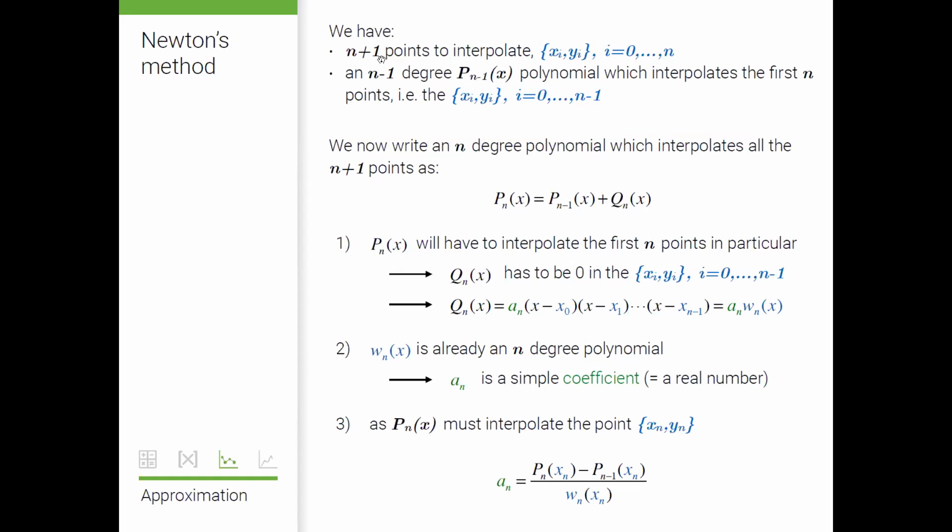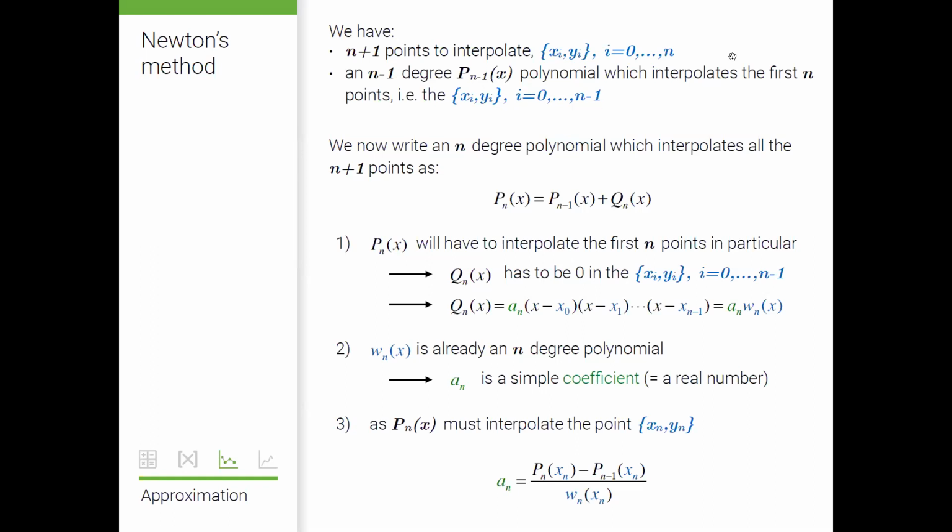So you can see here we have n+1 points, and we have the Pn-1 polynomial. The degree of Pn-1 is n-1, and in this case we have n interpolation points.